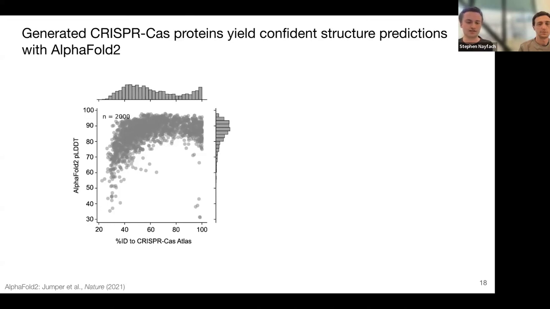So this is the measure of novelty of the sequence relative to the training data. And on the y-axis is AlphaFold's confidence, or the pLDDT, where higher means AlphaFold is more confident in the structure that's predicting. And you can see that for most sequences with greater than 40 to 50% identity to the CRISPR-Cas Atlas, we get really confident predictions from AlphaFold. And only when we go below around 40% identity to the training data do we start to see the predictions degrade.